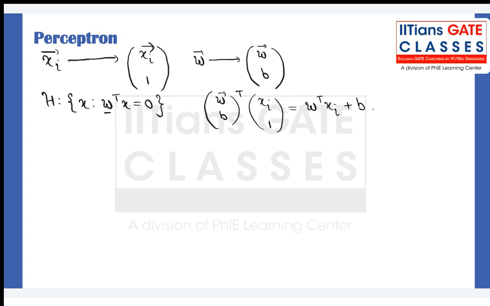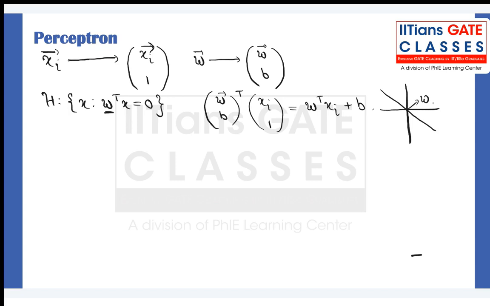So when I say that my W transpose X is 0, I do not have a y-intercept, it's more like W transpose X plus 0 equal to 0. So I can also claim that my W passes through the origin. This is my W, because I don't have a y-intercept now.